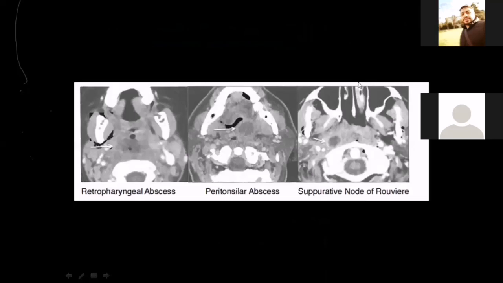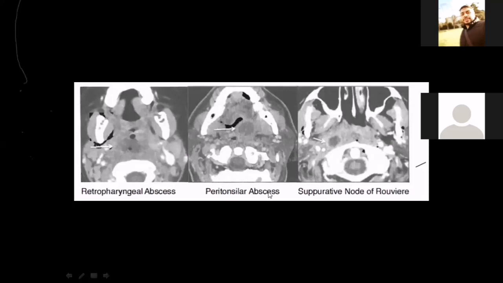Some of the very important differentials when you go to the neck again: the differential between suppurative node and peritonsillar abscess and retropharyngeal abscess or collection. Maybe it can come to you in the exam for EDIR as a short question: list the differential diagnosis. So when you see a collection posterior to the pharynx, think about retropharyngeal abscess.